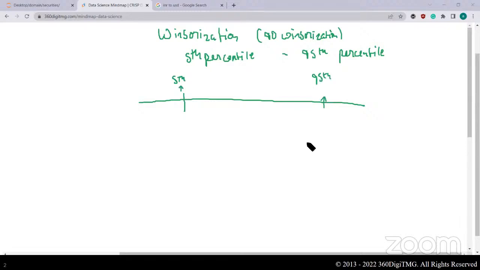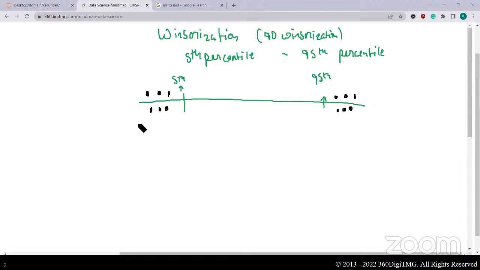And we have some data that exists outside these percentile values. There are some values that are less than the 5th percentile, and there are some values that are greater than the 95th percentile. So what we do here is we simply transform these values.